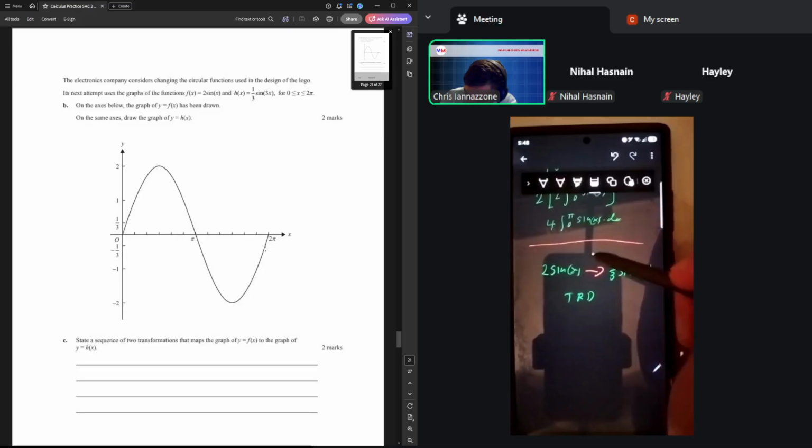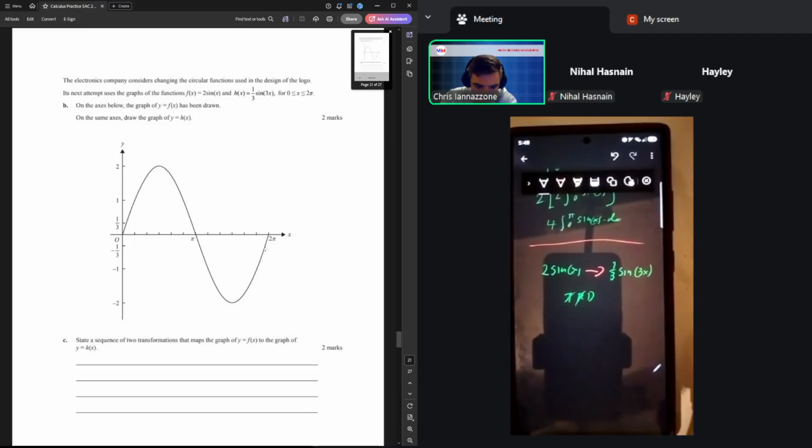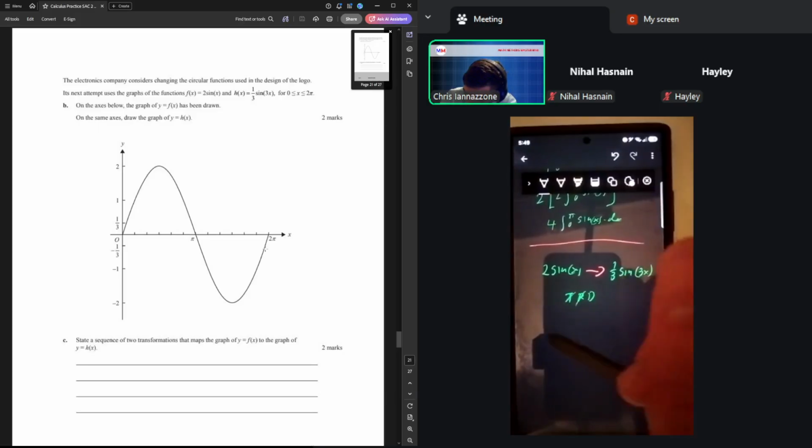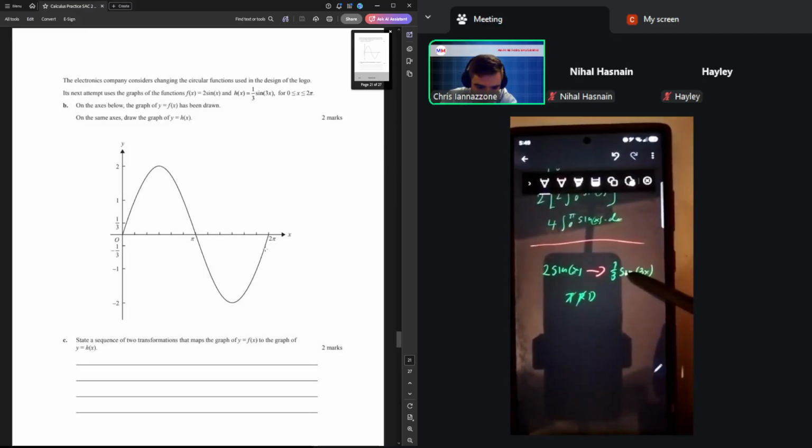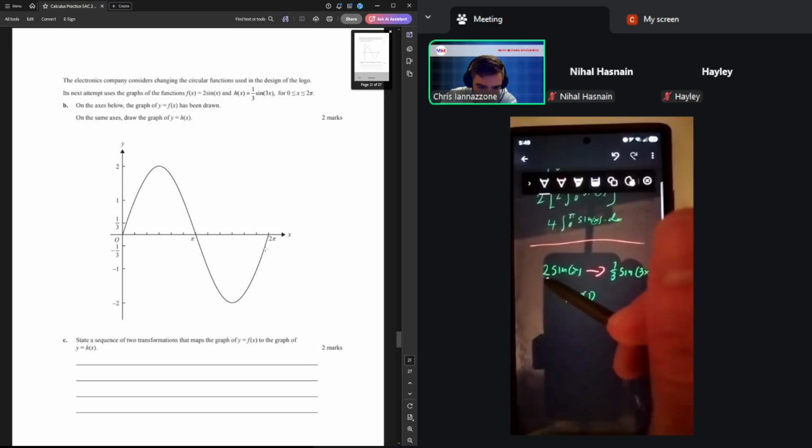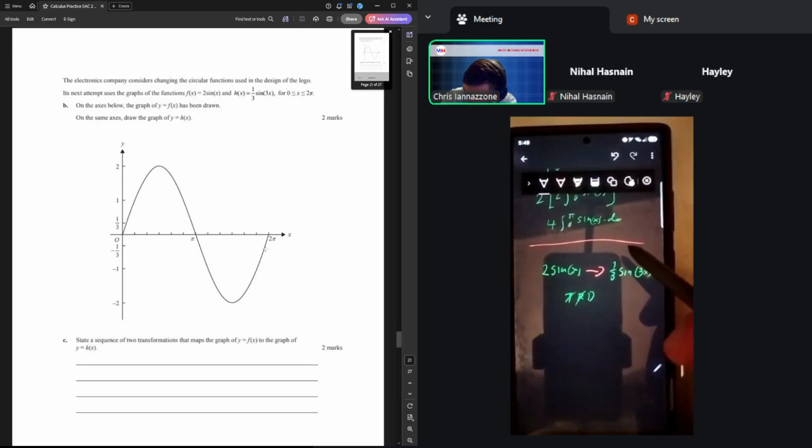So the example that we had here didn't have any translates, so we can ignore this part. Nor does it have any reflections, so we can ignore that part. Dilates, I've already kind of shown you what to do, at least for the first bit, which is we want to convert this function to look like this function. We need to figure out what factor to multiply 2 by to get it to a third.